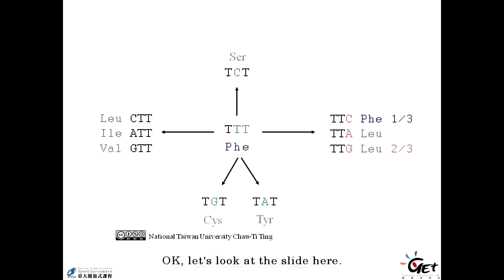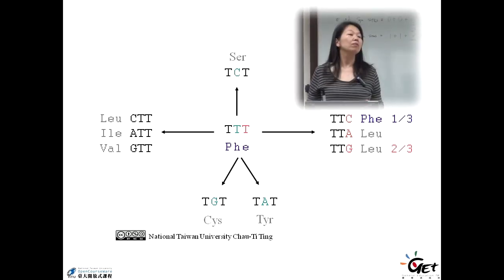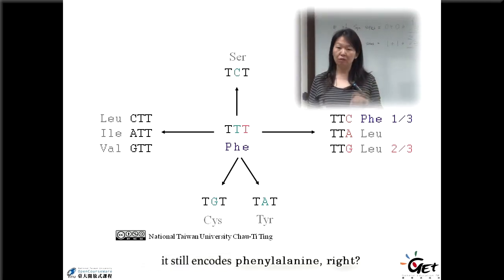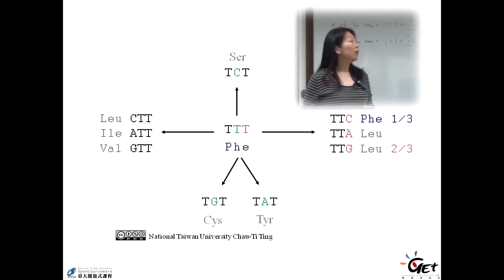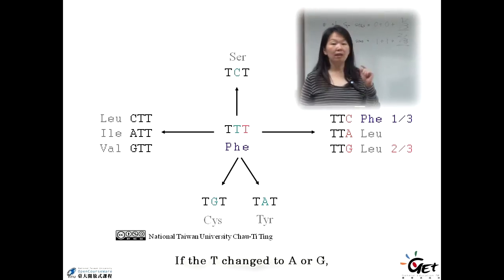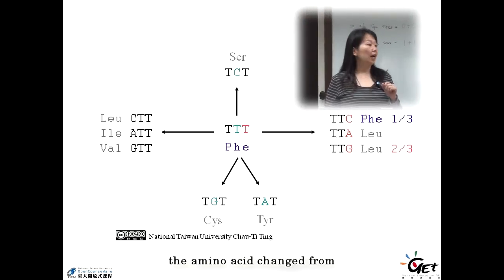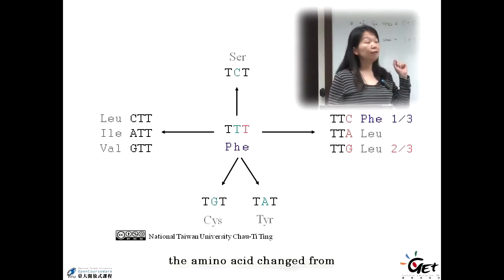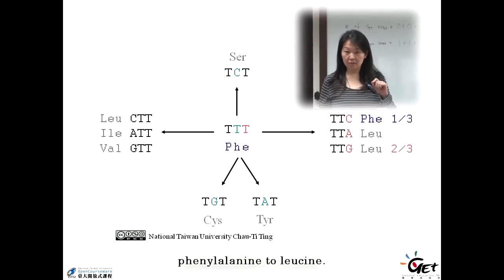Okay, let's look at the slide here. It's phenylalanine. If T changes to C, based on the codon table, it still encodes phenylalanine, right? If the T changes to A or G, the amino acid changes from phenylalanine to leucine.